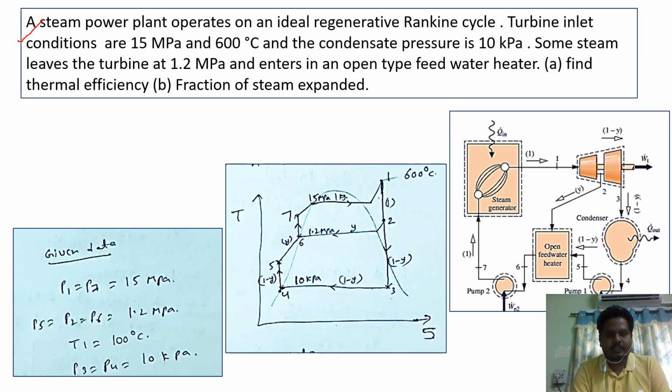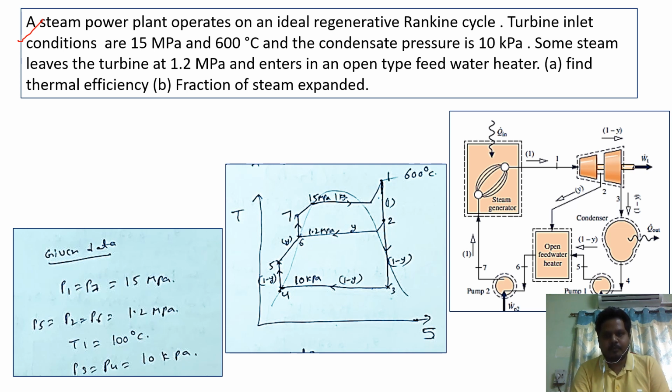Turbine inlet conditions are 15 megapascal and 600 degrees centigrade, and the condensate pressure is 10 kilopascal. Some steam leaves the turbine at 1.2 megapascal and enters an open type feed water heater. Find thermal efficiency and fraction of steam expanded.